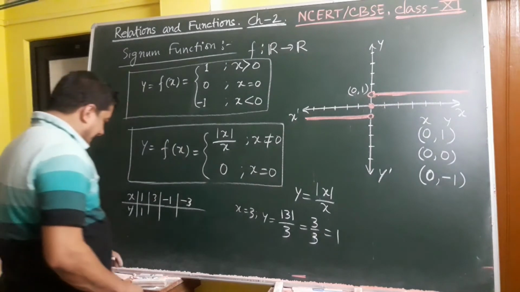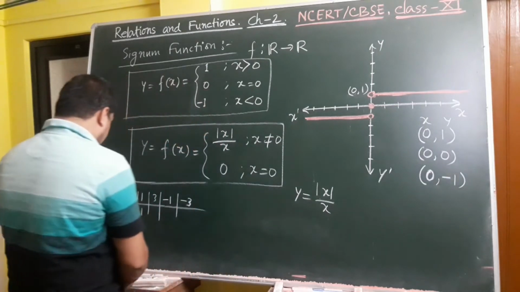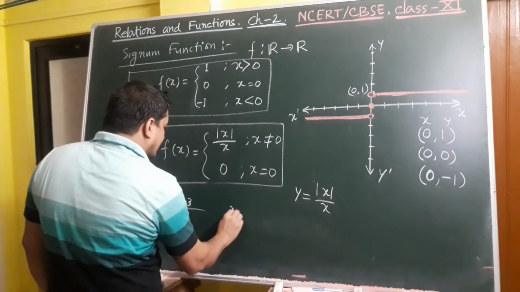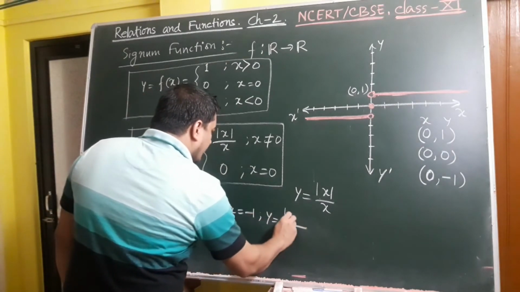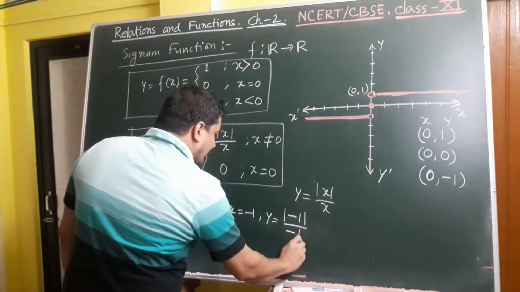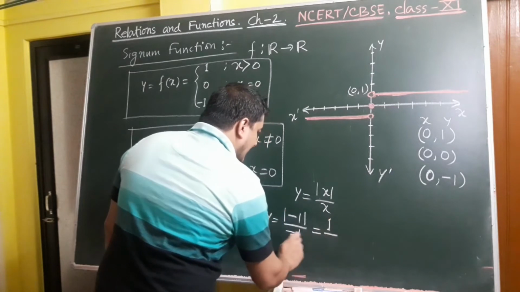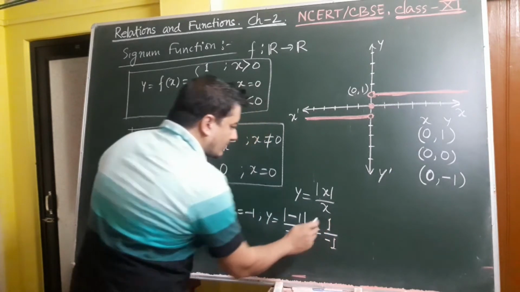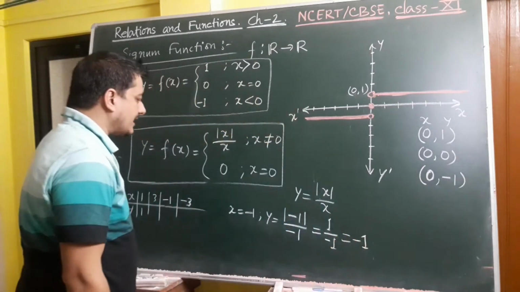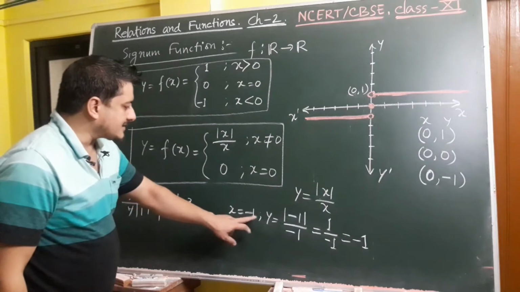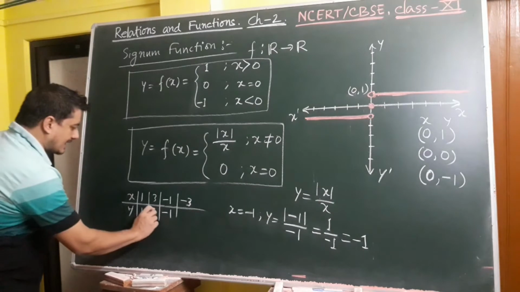Now I'll take negative values of x. Say x is equal to minus 1. Then y is equal to mod of minus 1 divided by minus 1. Mod of minus 1 is 1 only, and the denominator is minus 1. So 1 by minus 1 is minus 1. So for minus 1 I get minus 1.